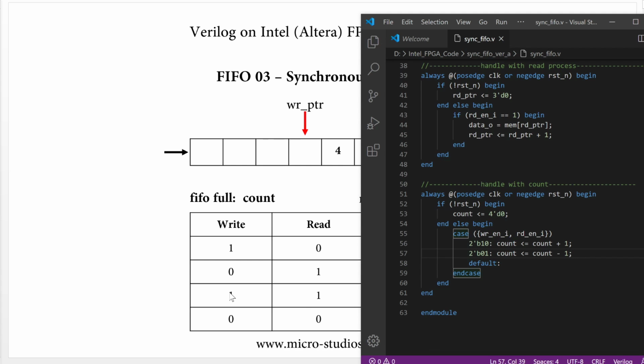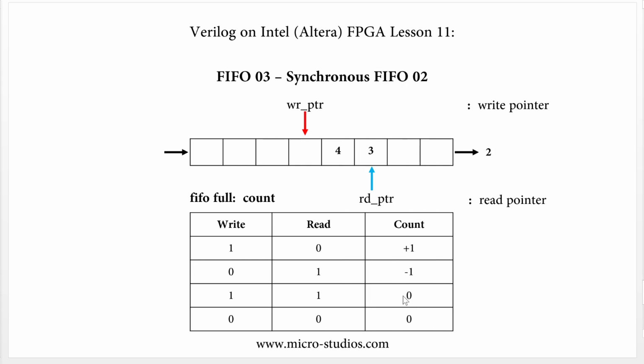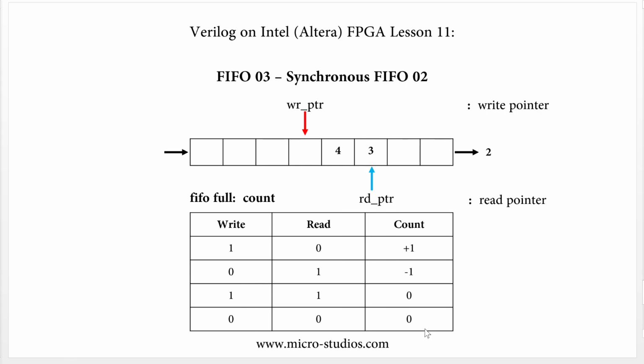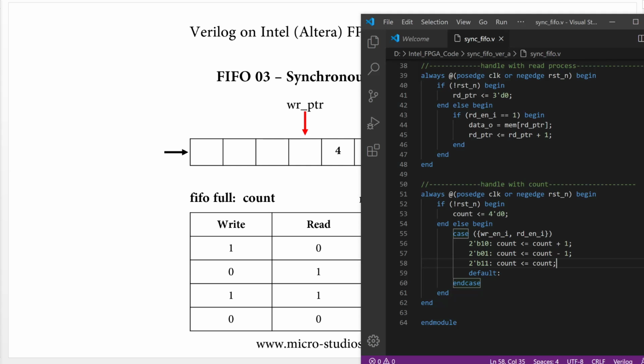So the next one is 1, 1. 2B, right? Here is 1, 1, and the value does not change. And the next one, 0, 0, also does not change.